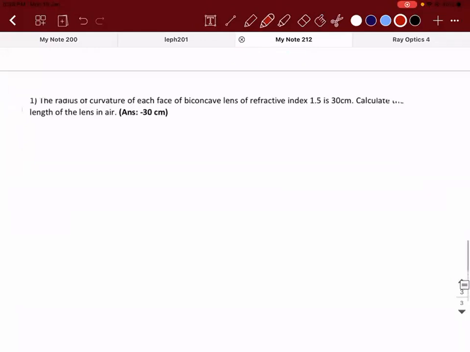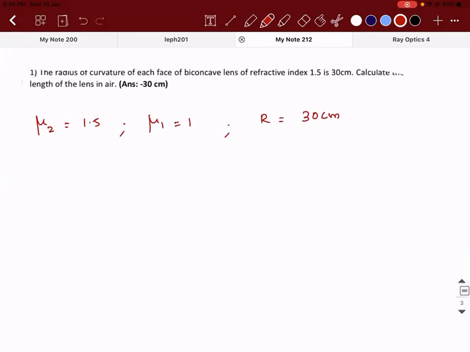So refractive index of glass, that is mu2, is 1.5 and mu1 is 1. Then what about R? R is 30 centimeter. Calculate the focal length of the lens in air.